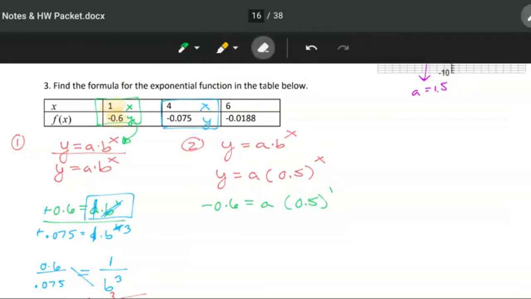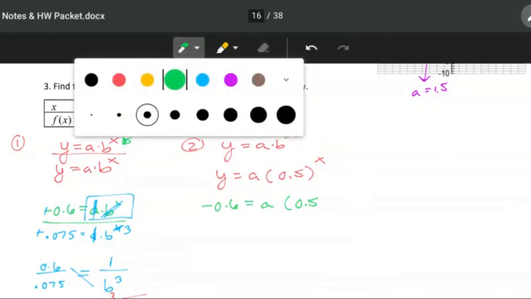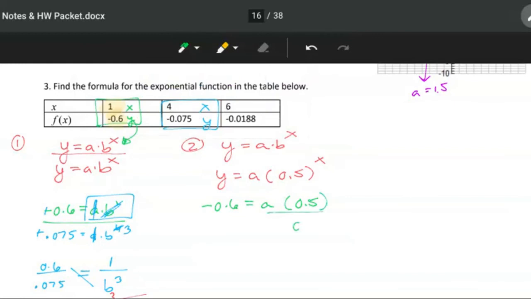Really anything to the first power is 1, so we probably don't even need that first power. And then to get a by itself, we just divide both sides by 0.5. And if you divide that in a calculator, I believe you get a equals negative 1.2.